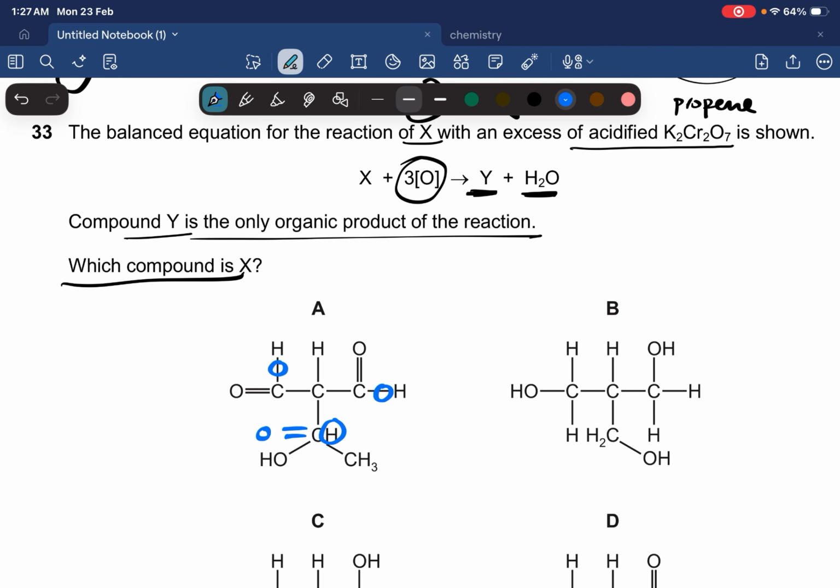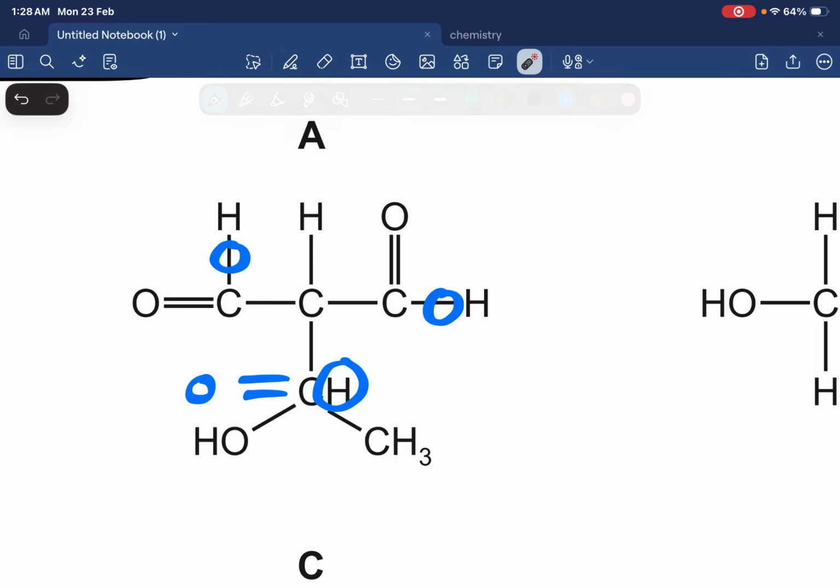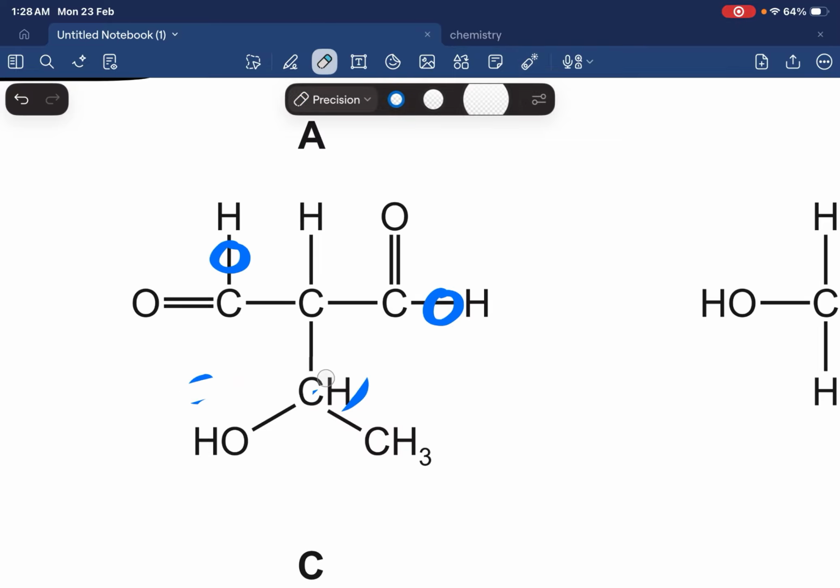It cannot make 5 bonds. This is a tertiary carbon, not to carboxylic acid. It is going to oxidize to a ketone, so I need to remove this H from here. Do you get this? I need to remove this H, and then I'm going to form a ketone over here. That's the trick.